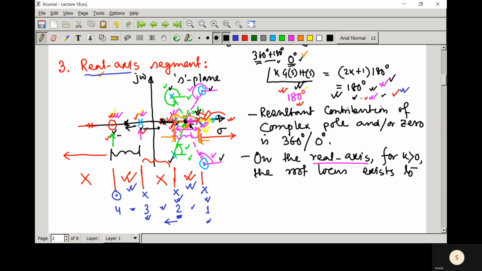Exists to the left of an odd number of real axis.